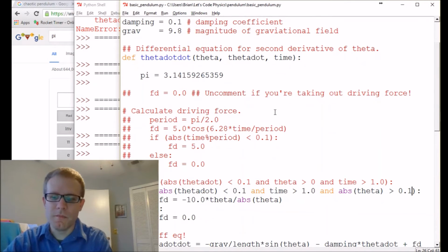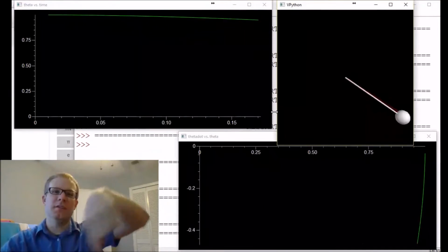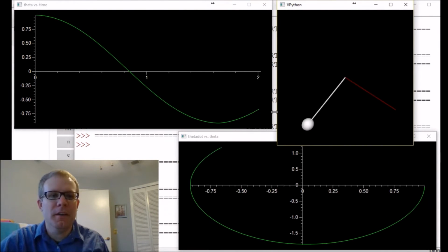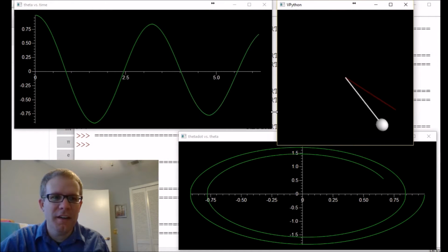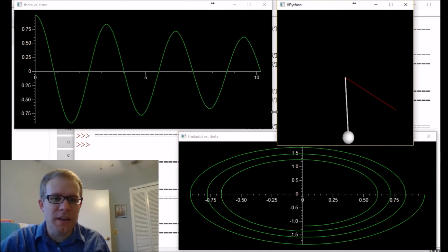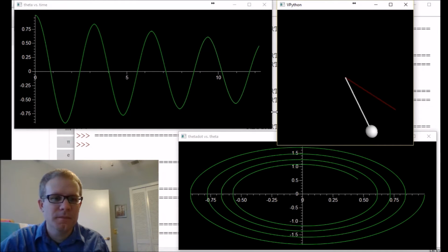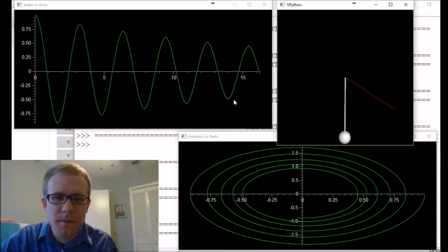There we go. So you've got two parents, one on either side, pushing the kid, or a parent and a babysitter, you know. So you get a kick there, and you get a kick there. And of course, that works out a little bit better because you're getting energy into the system more regularly. Which is cool. Okay.